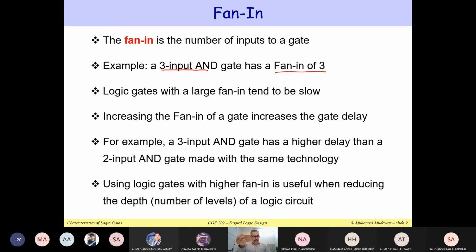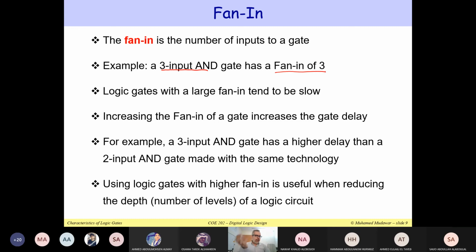Now, why do people use gates with higher fan-in? Of course, I can implement everything using 2-input AND gates. Yani, for example, I can implement a 3-input AND gate using 2-input AND gates. However, using a higher fan-in, for example gates that have 3 inputs or 4 inputs, is useful because it can reduce the number of levels and the depth of a logic circuit.